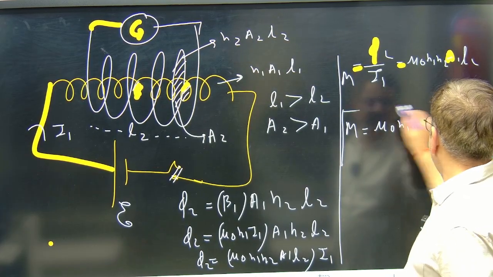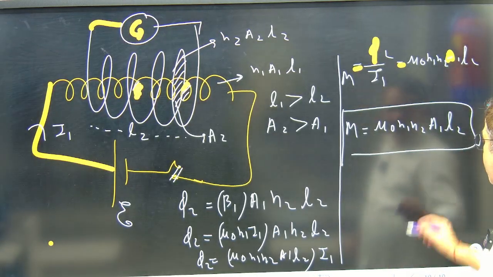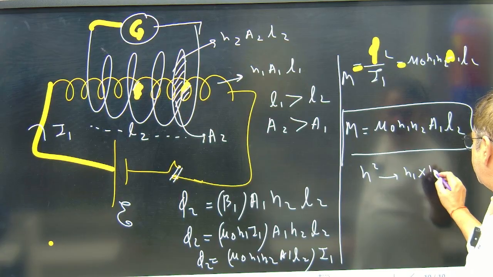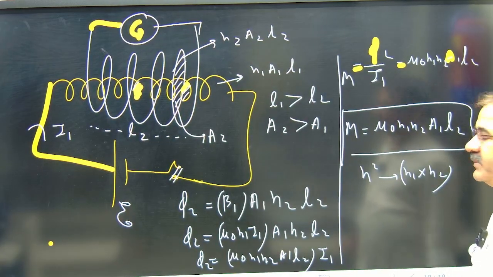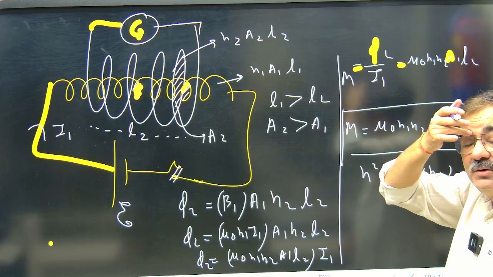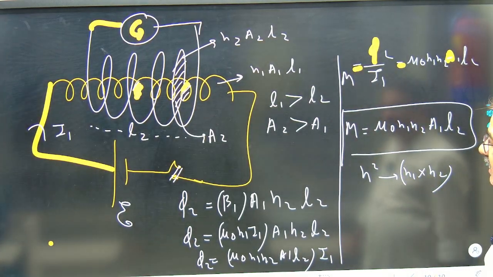This means that, compared with self inductance, N square is replaced with N1 into N2, and the rest of the parameters remain the same. We got this idea of mutual inductance from the flux with the second coil due to the current flowing in the first coil.